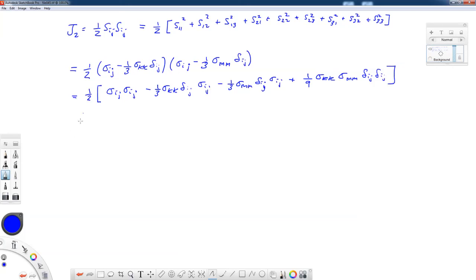Now, we know from our index notation discussion that the Kronecker delta can act as a replacement operator on indices. So for example, Kronecker delta IJ times sigma IJ, I can represent as sigma II. And here again, I could represent that as sigma II or sigma JJ, same thing.